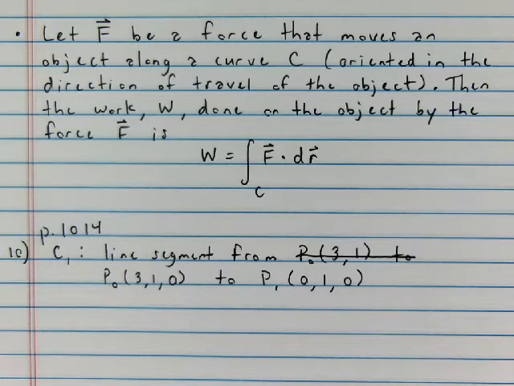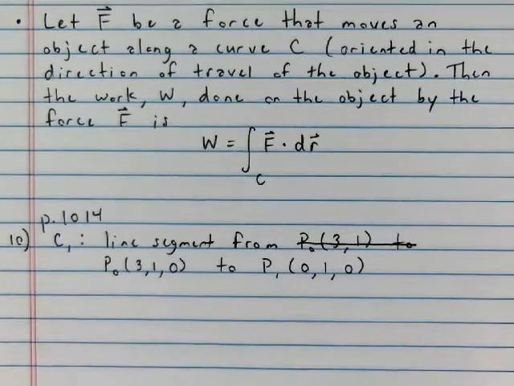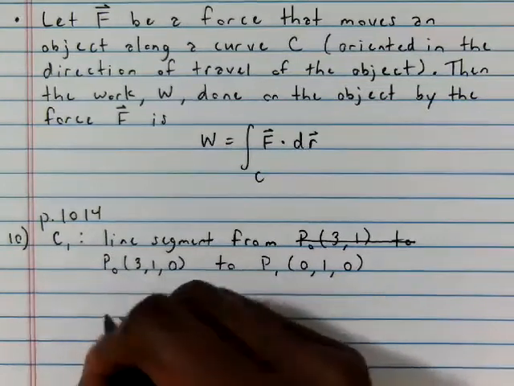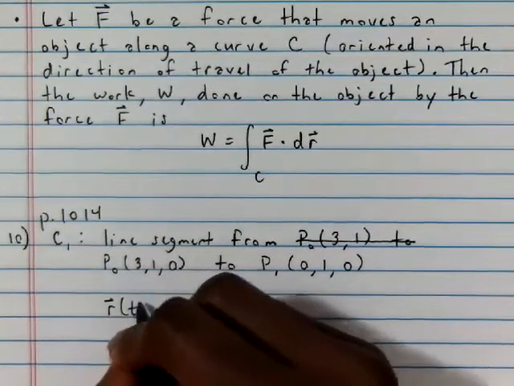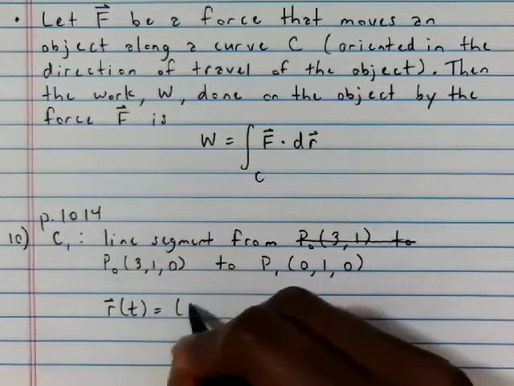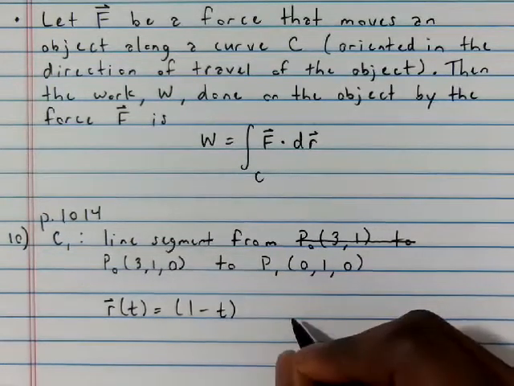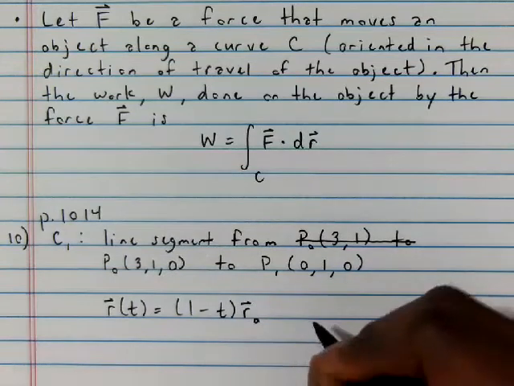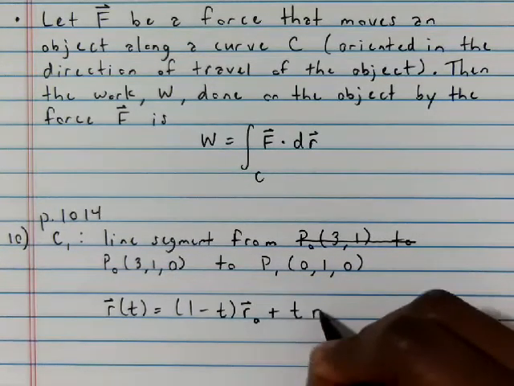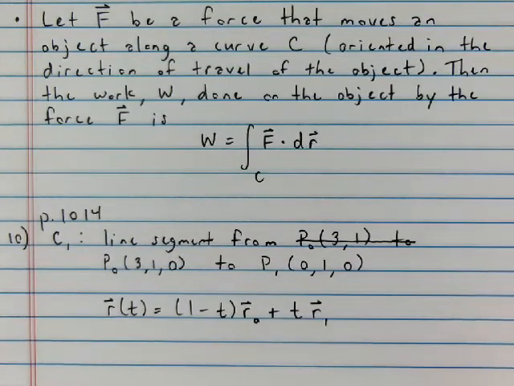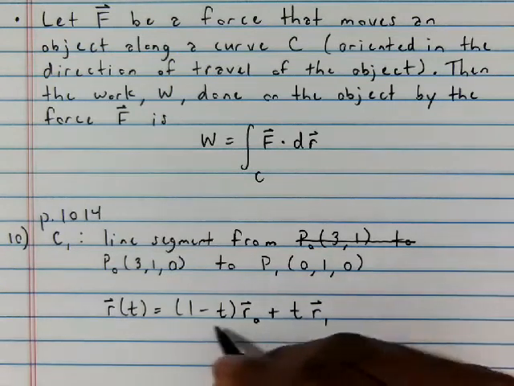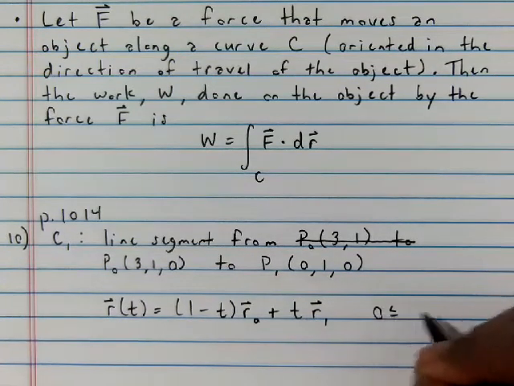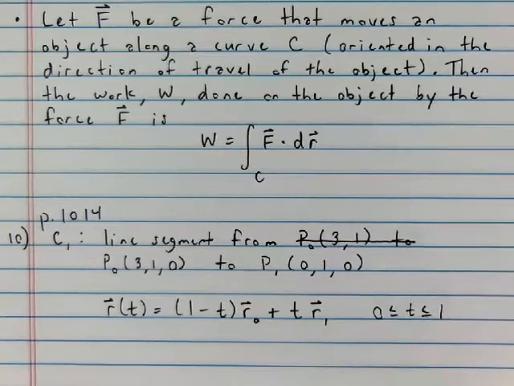Now how do we parameterize a line segment? We learned this earlier in the semester. This would be r of t equals 1 minus t times whatever your starting point is, plus t times whatever your ending point is. Remember that for that parameterization of the line segment, t goes from 0 to 1.